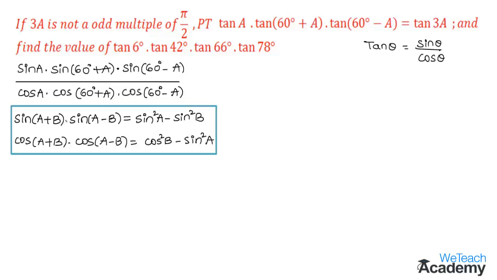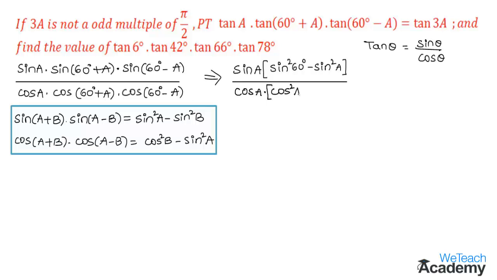So by using both these formulas, we get sin a into sin square 60 degrees minus sin square a, where b is nothing but a, divided by cos a into cos square a minus sin square 60.